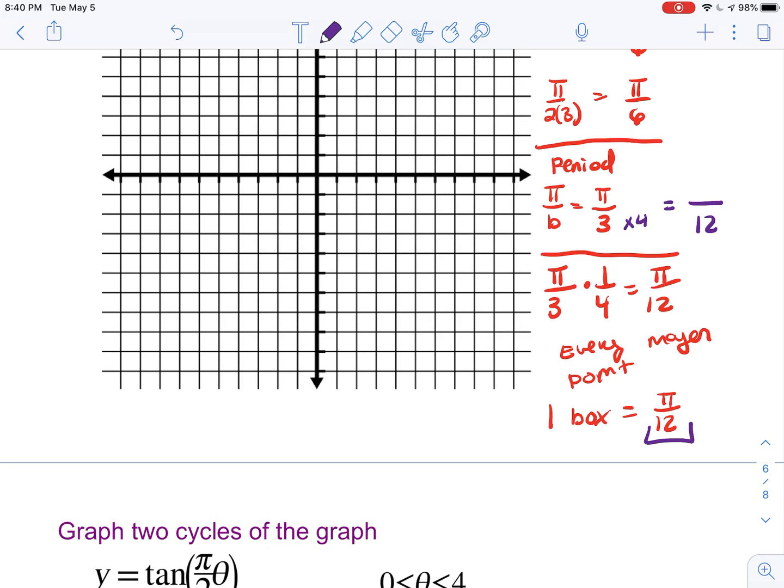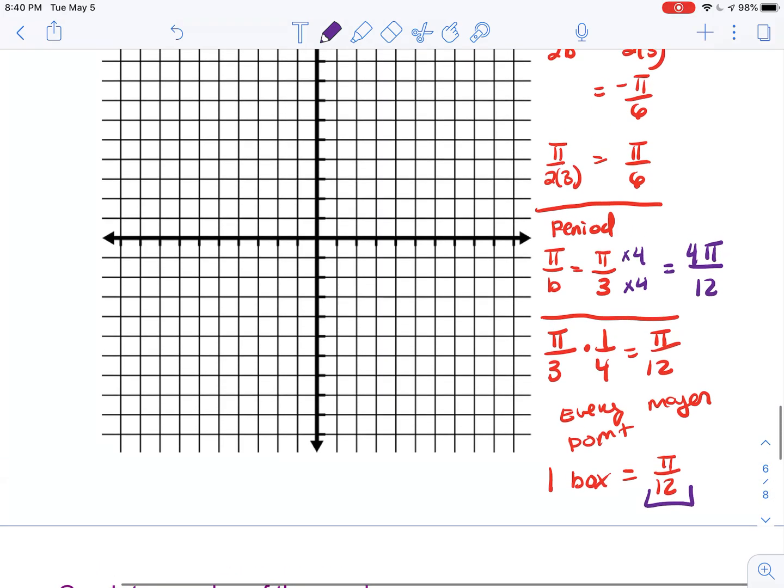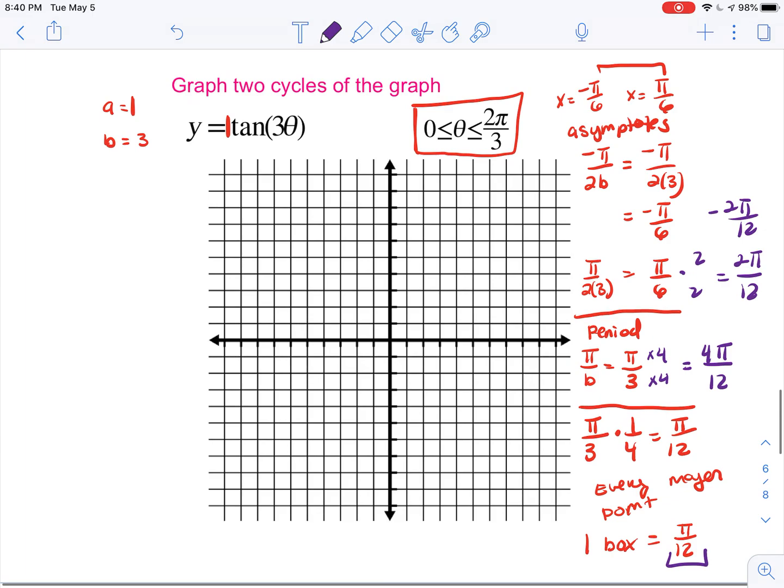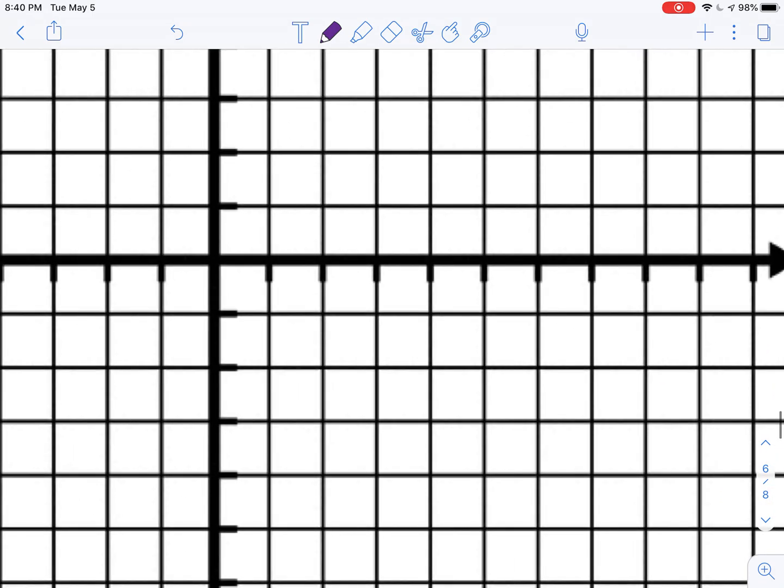So pi over 12 is one box, so let's make each one of these have 12 as our denominator, right? So if I want this to have a 12, I need to multiply by 4 on top and bottom. So that's equal to 4 pi over 12. This one to be equal to 12 is times 2 and times 2, so that's 2 pi over 12, and negative 2 pi over 12, okay?